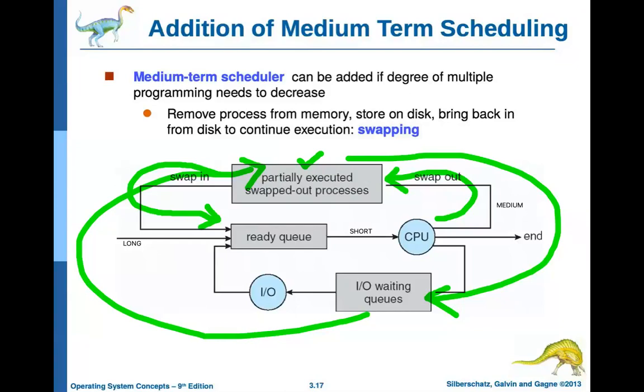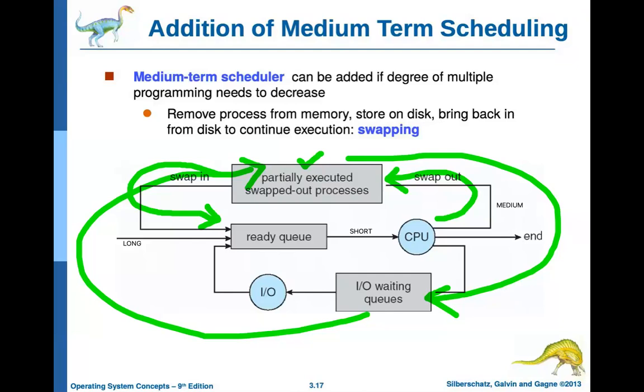Sir, will you please repeat the medium term scheduler diagram in short? The same thing: the medium term scheduler works here, taking processes from swap into the ready queue, and running processes will be taken out onto the swap. This has to be done by the medium term scheduler. Why do this?